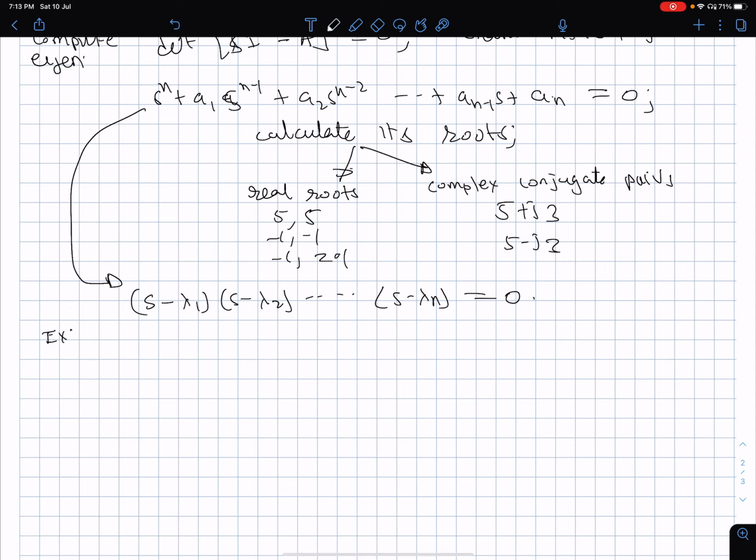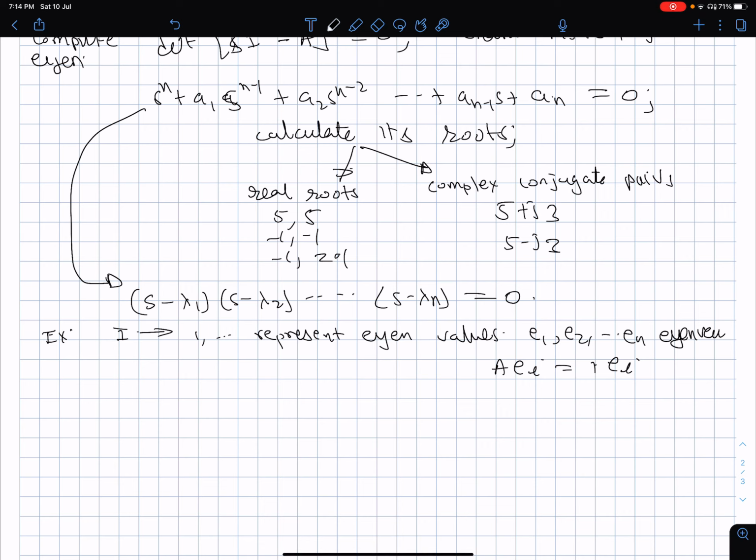Trivial example, identity matrix. All the ones on the diagonal represent eigenvalues, and the columns e1, e2 to en are eigenvectors, because A times ei is equal to 1 times ei, where A is the identity matrix here.